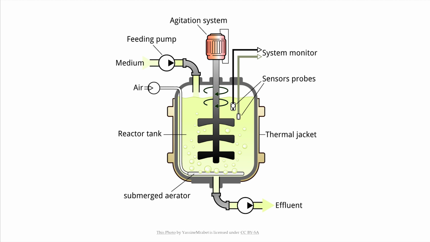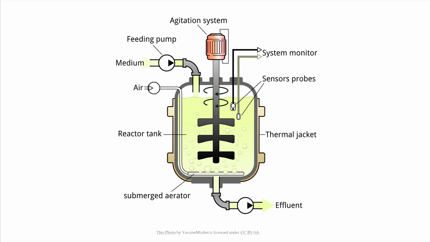The other components are for essentially maintaining the active reaction inside the tank. So you have, for example, an air supply pipe, and it's connected to a submerged aerator at the bottom. So this oxygenates the content of the tank so that your microorganisms can breathe. And finally, you usually have a couple of minor but critical components like sensor probes.